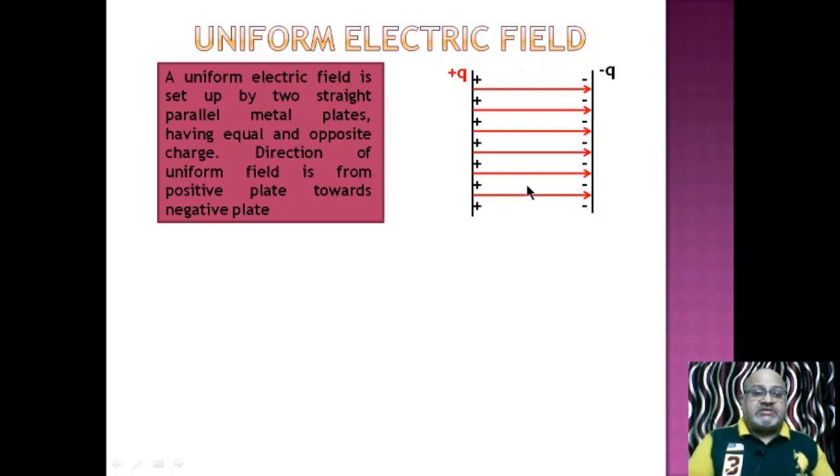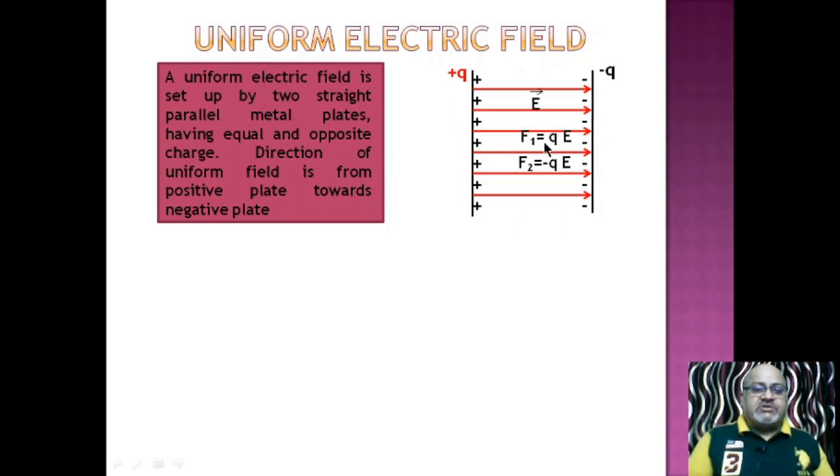So if I place any charge anywhere in this region, it will experience the same thing. If I place a positive charge, it will experience force along the direction of field. If I place a negative charge, it will experience force opposite to the electric field.